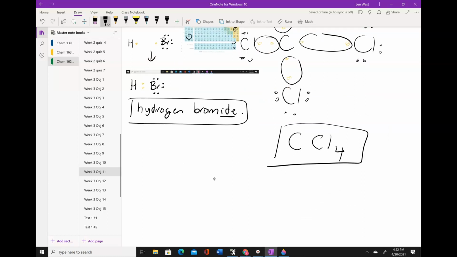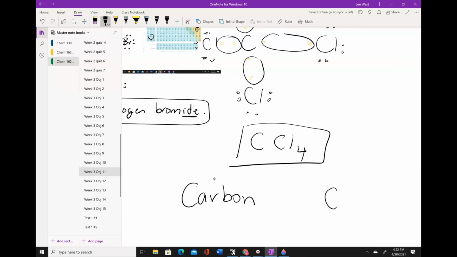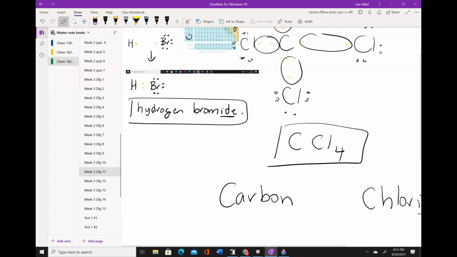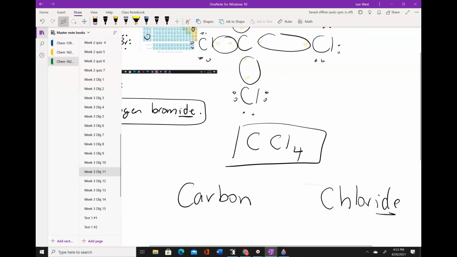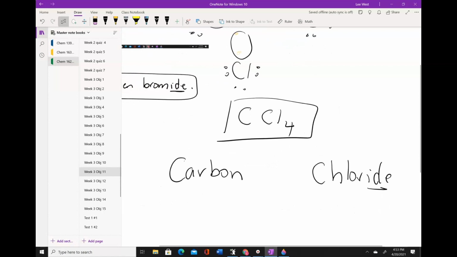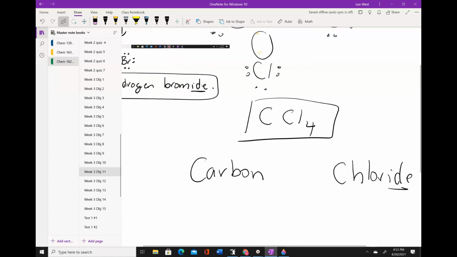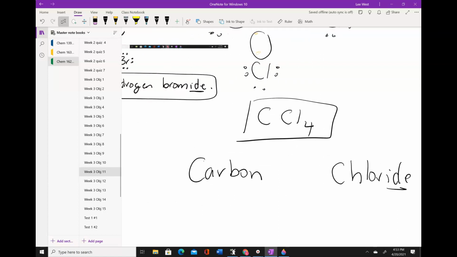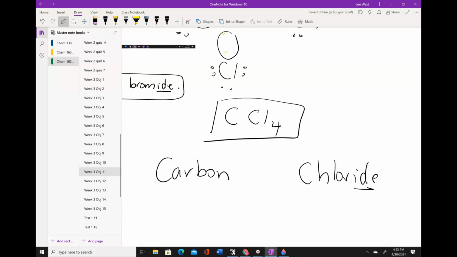According to the rules for naming covalent compounds, we give the name of the first element unaltered. The name of the second element, we change the ending to IDE, and then we add prefixes. We have a couple of rules for prefixes. If our compound starts with hydrogen, we don't need any prefixes. If our compound doesn't start with hydrogen, the only extra rule is that we don't put mono if there's one of the first element.